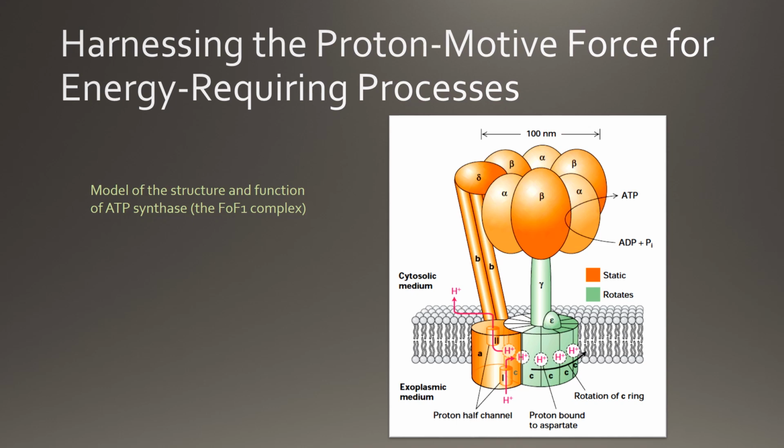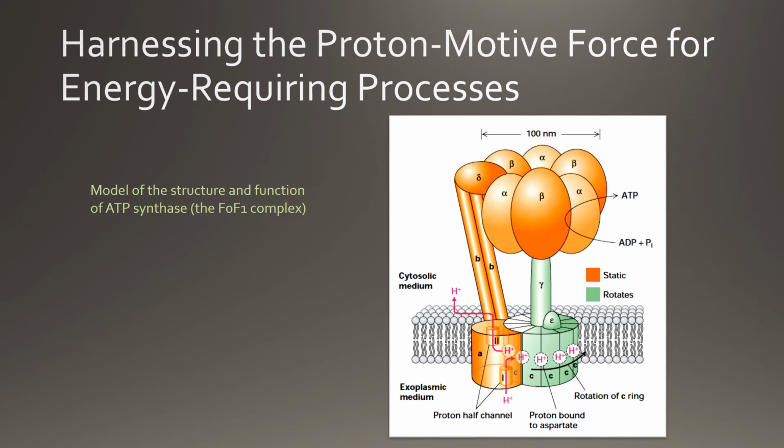The F1 portion is a water-soluble complex of 5 distinct polypeptides with the composition alpha 3, beta 3, gamma, delta, and epsilon. The lower part of the F1 gamma subunit is coiled and fits into the center of the c subunit ring of the F0 and appears rigidly attached to it.